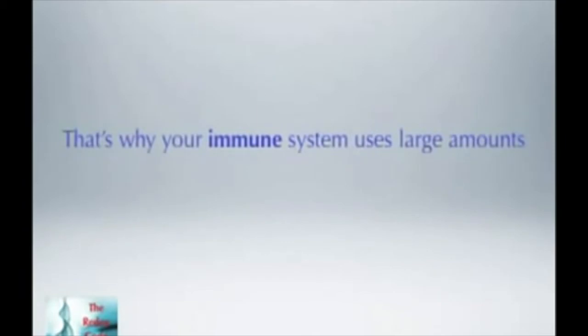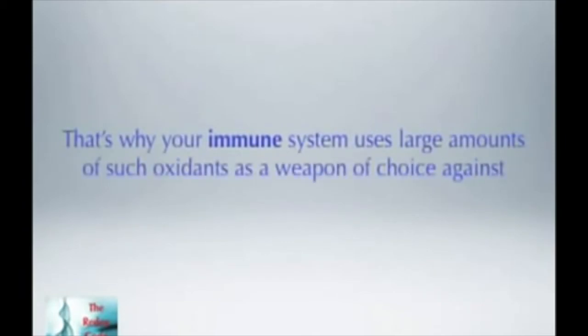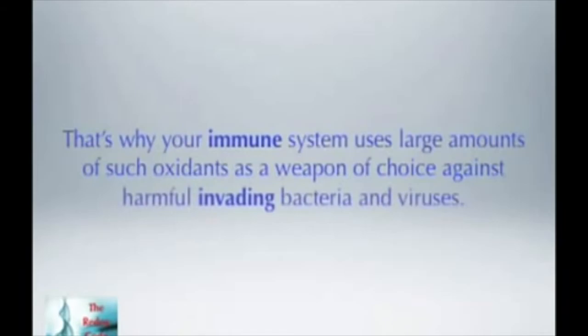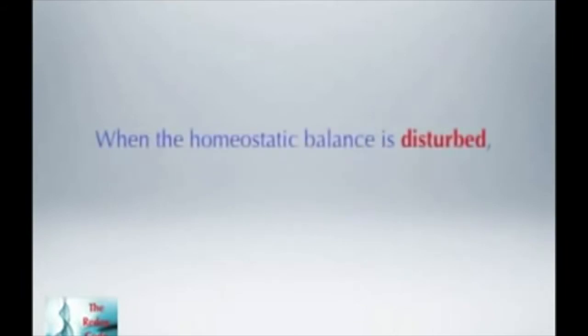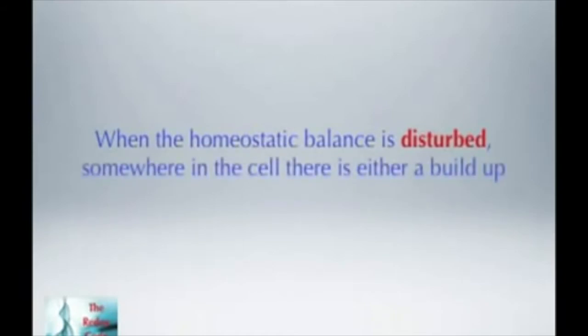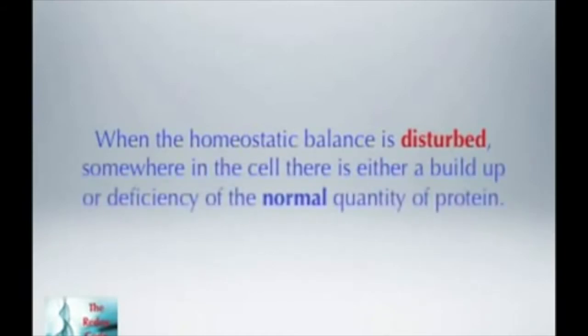That's why your immune system uses such large amounts of such oxidants as a weapon of choice against harmful invading bacteria and viruses. This is the key to understanding how the body heals itself. When the homeostatic balance is disturbed, somewhere in the cell there is either a buildup or a deficiency of the normal quantity of protein.